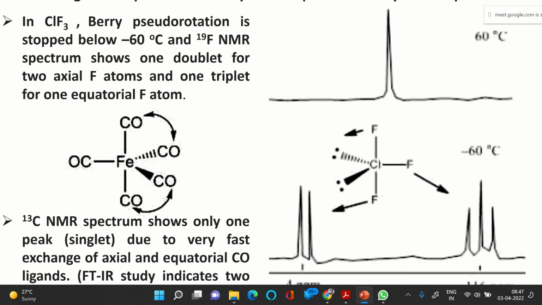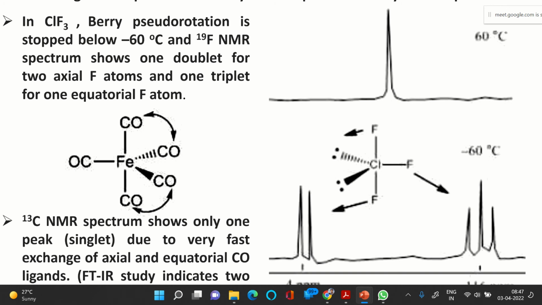Spectrum will tell you that there are two different Fe-CO bond lengths, and the intensity of those FTIR bands will also be different, because in the equatorial position there are 3 CO molecules, and in the axial position there are 2 CO molecules, and the axial ones are longer, so the Fe-C bond lengths will be affected.